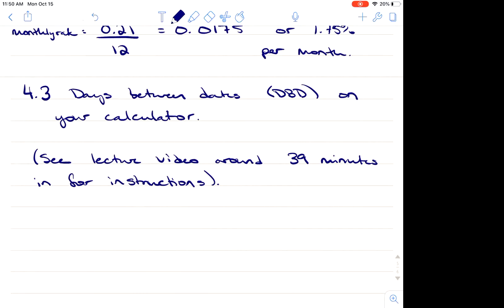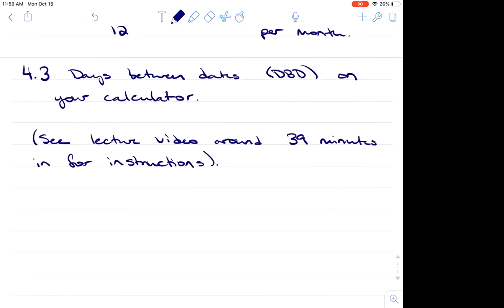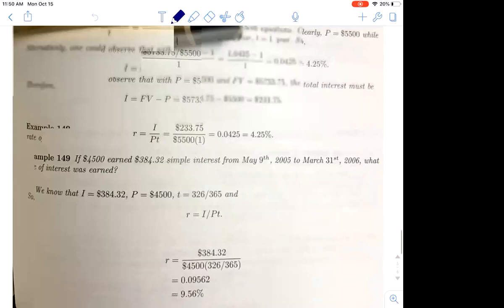All right. So, days between dates. Pretty cool once we get the hang of it. And let's just, as an example, let's do example 139. And I took a picture of it earlier today.